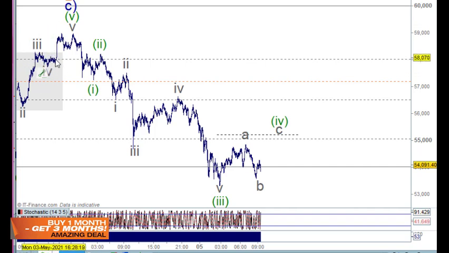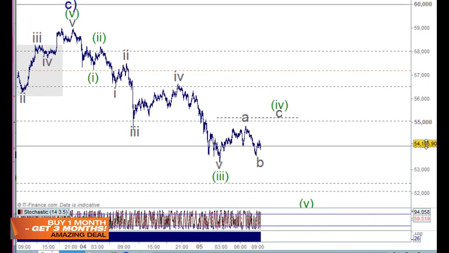I need to resolve that anyway, but that could be important. The only trouble with this structure is wave 4 overlaps wave 1 here. Otherwise, 1, 2, 3, 4, 5 for 1 and 2, and then 1, 2, 3, 4, 5 for the third wave.